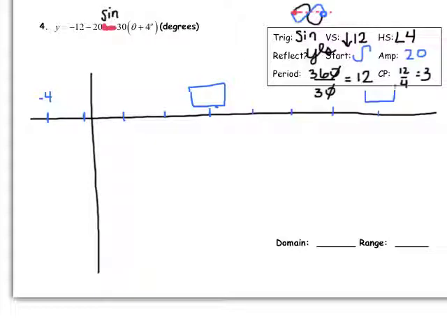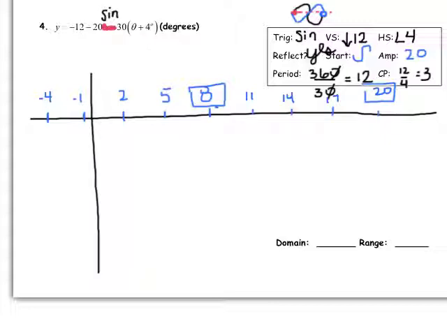This is the end of my second cycle. So let's go ahead and add 3. That's -1, 2, 5, 8. That makes sense because -4 and 8 are indeed 12 apart. 11, 14, 17, and 20.